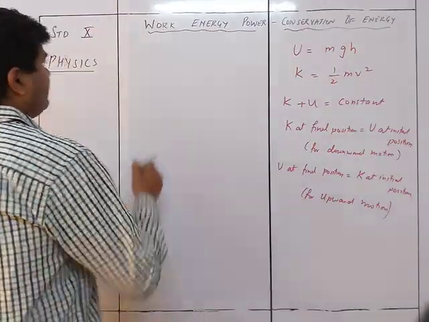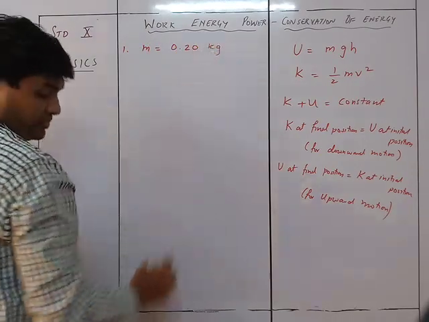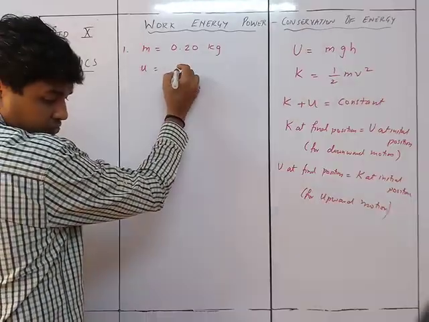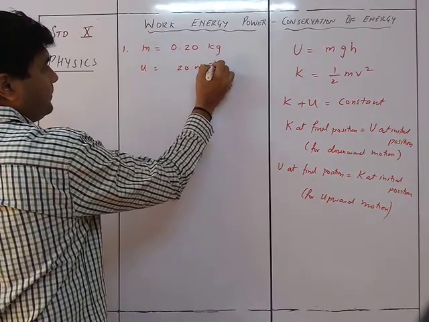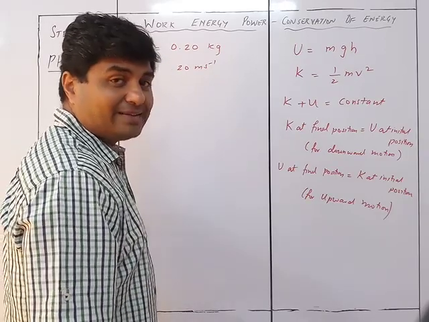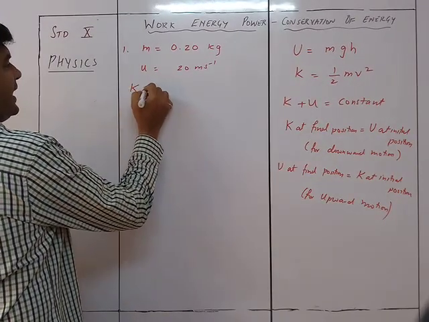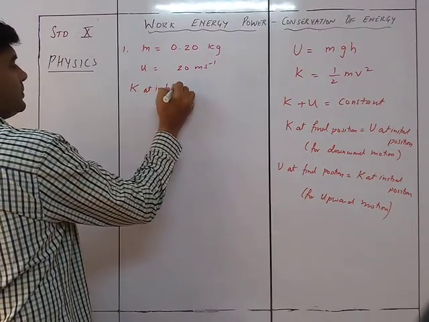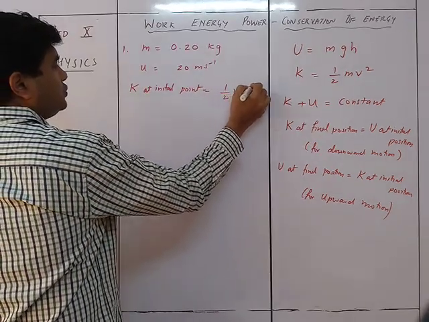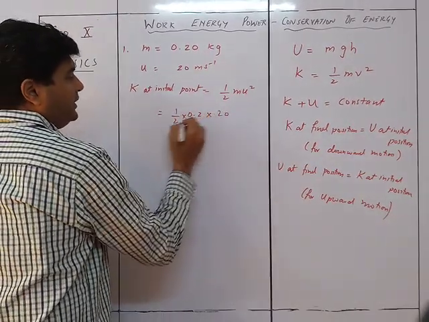See the first sum. Mass is equal to 0.20 kg. You are given the initial velocity u equal to 20 meter per second. You need to calculate the maximum potential energy it gains as it goes upwards. So first of all, K at initial point is equal to half mu square, which is half into 0.2 into 20.